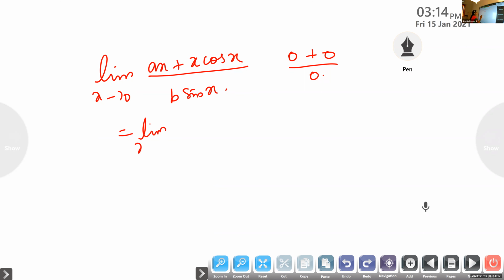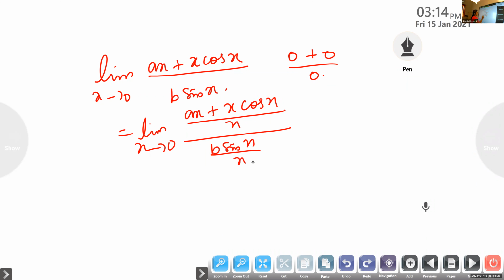What you can do here is divide the numerator and denominator by x. So we can write this as limit x tending to 0 of (a plus cos x) by (b sin x by x).